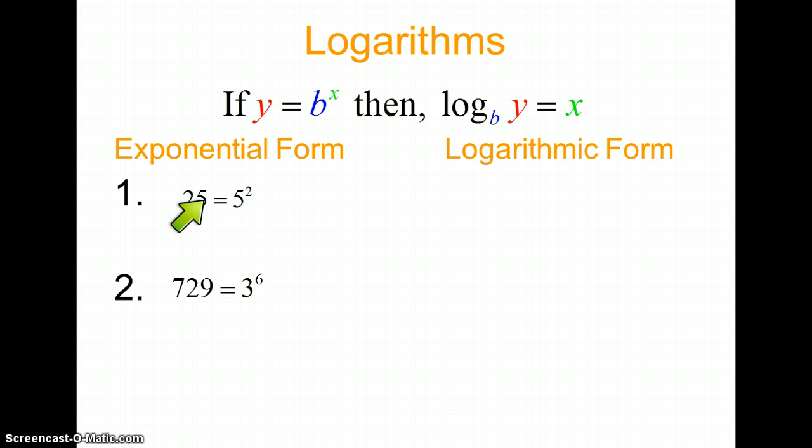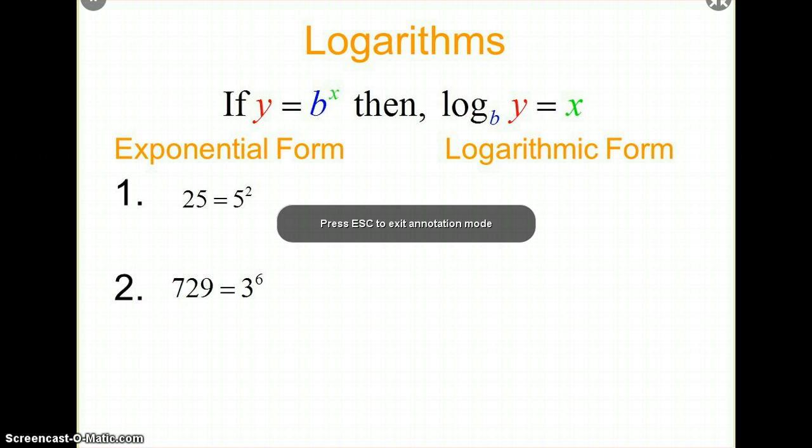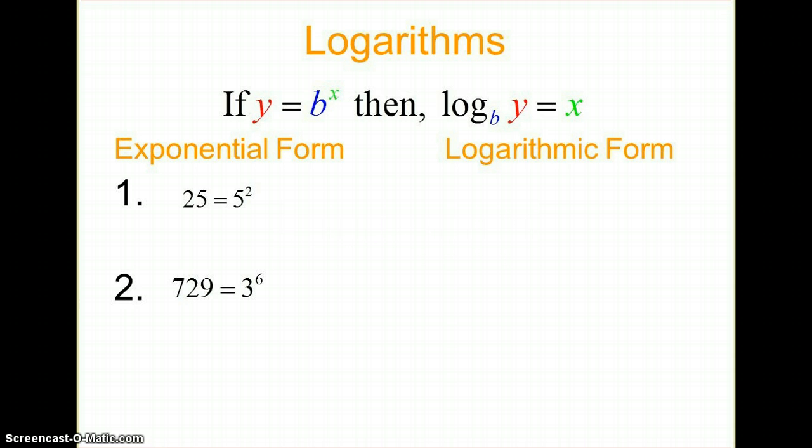Here it says 25 is equal to 5 squared, and we'd all agree that 5 squared is the same as 25. So if I'm going to put that into its logarithmic form, first of all, we're going to abbreviate it with the word log.